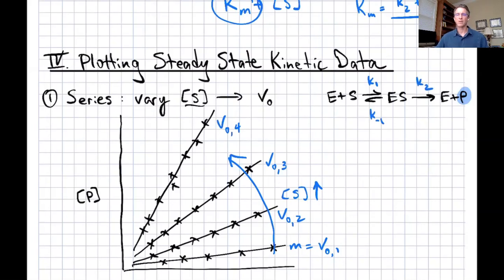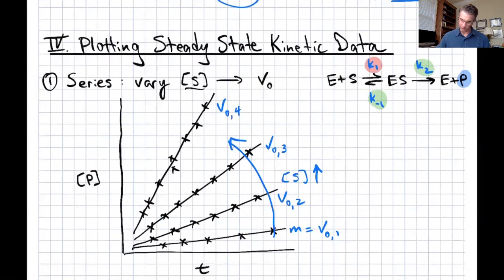So if you think about the type of constants those are, of course, k2 is a unimolecular rate constant, k minus 1 is a unimolecular rate constant, and k1 is a bimolecular rate constant.